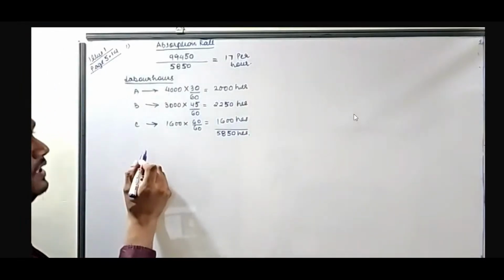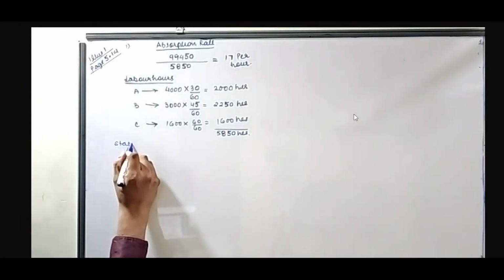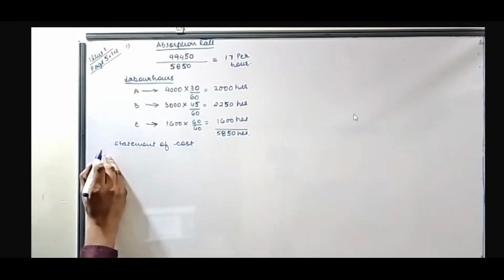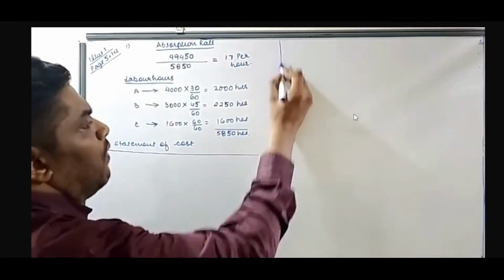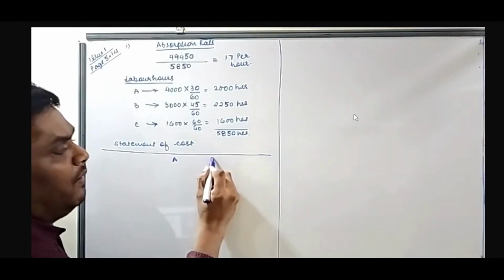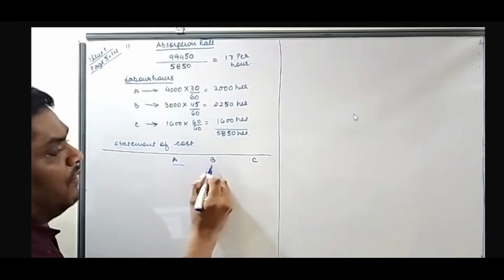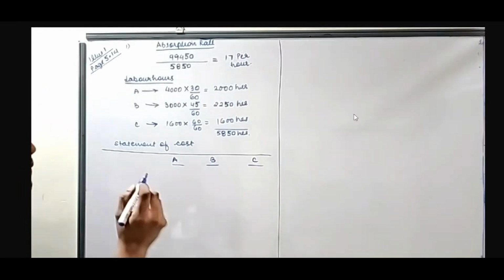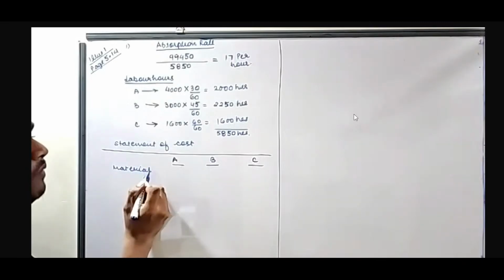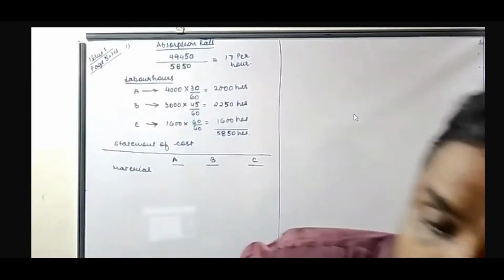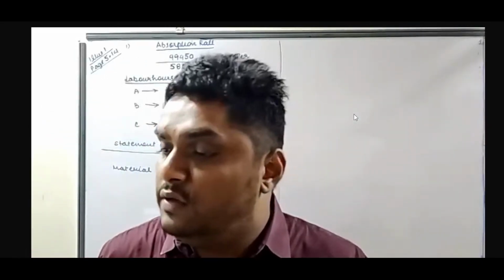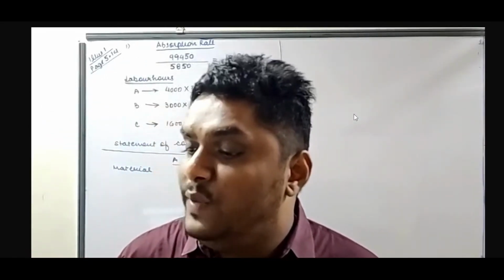Now let's prepare the statement of cost. There are three products, A, B, and C. When talking about the material cost, it's given in the question that 4 kgs of material is required to manufacture 1 unit of product A and the rate of material is 2.